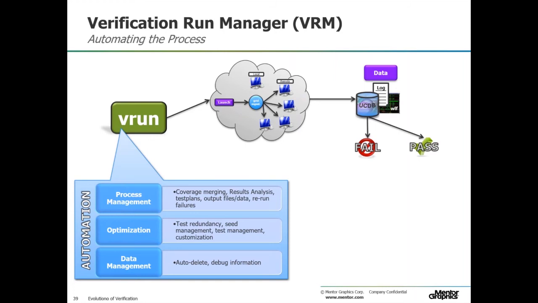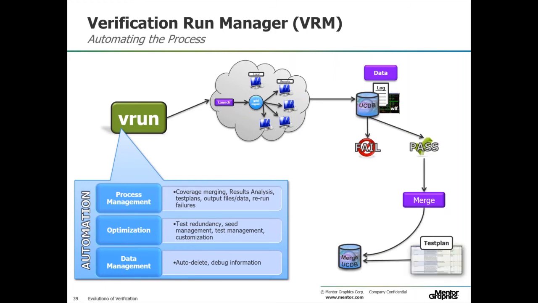And then what happens is, if that test passes, it automates the task of merging those UCDB results into a full merge. So the system knows when a test finishes, I will take that and merge it with any other tests that have already finished. If I then have a test plan, it automates that merging of the test plan.